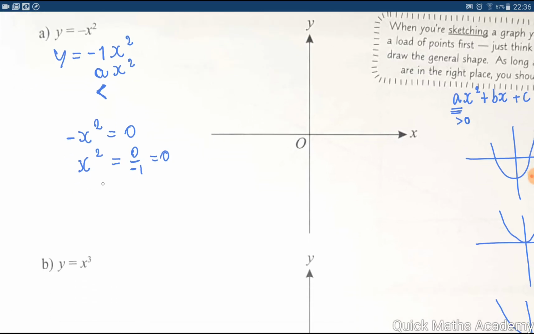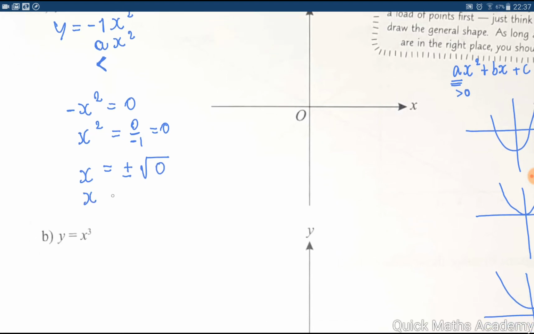So x equals plus or minus the square root of 0, which is 0. And what is plus or minus 0? Plus or minus 0 is 0. Okay, we only have one zero, that is 0. We only have one root, that is 0. We only have one point where it touches the x-axis, which is 0.